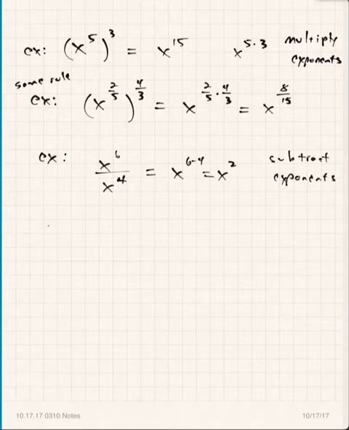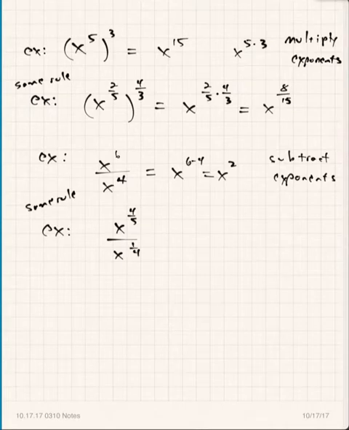And so if the exponents are fractions, the rule is exactly the same, right? There's no difference in the rule at all. So if I have x to the, let's say, 4/5 over x to the 1/4, then what do I do with those exponents? I've got to subtract them.